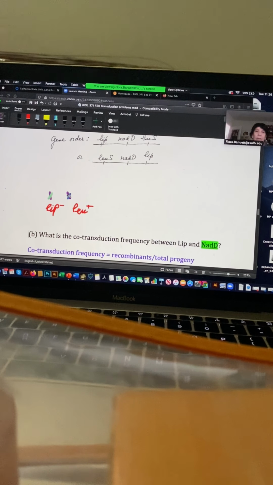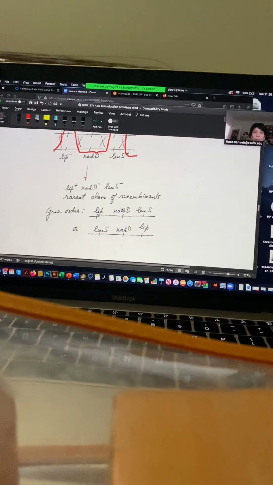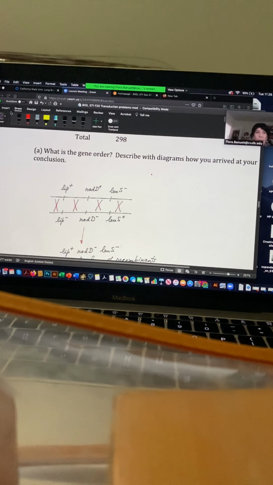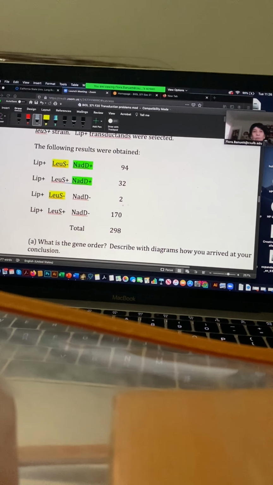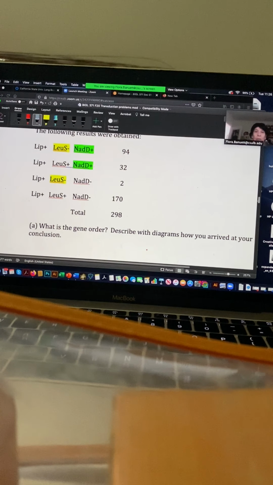Okay, and the other thing is that, again, like in the previous one, if you have double crossover only, you will get lip plus, nad minus, lu plus. So it will be one of these classes. So nad minus, lu plus, it will be this one, the most abundant class.